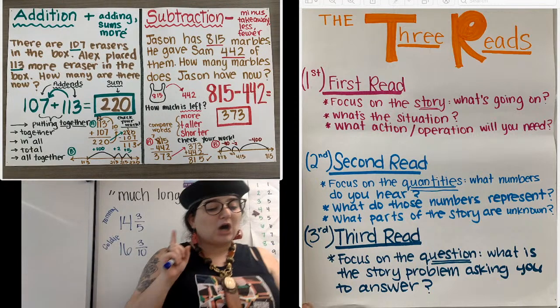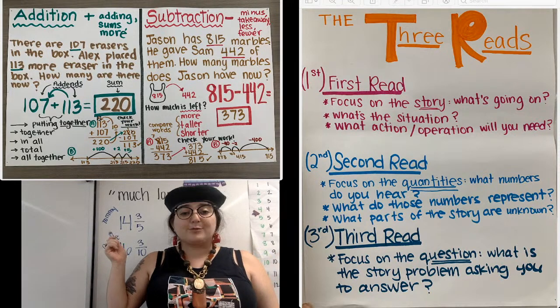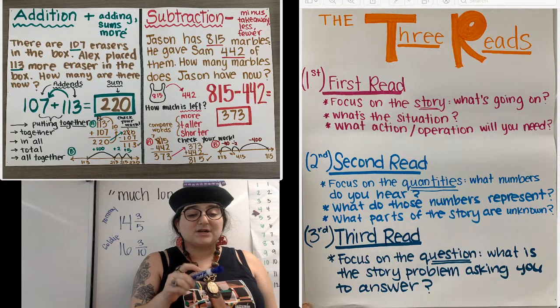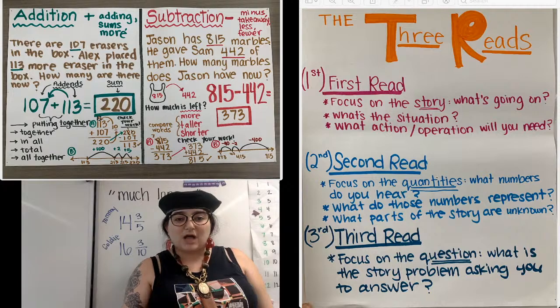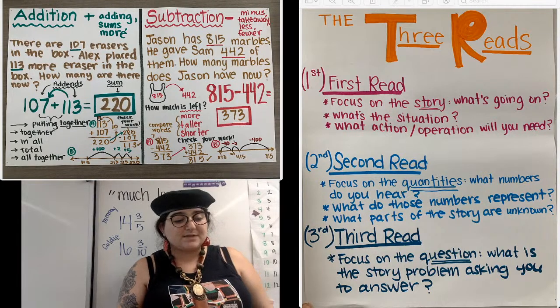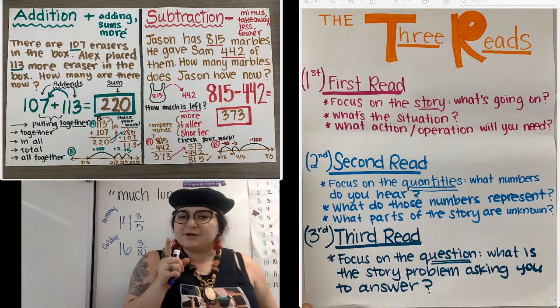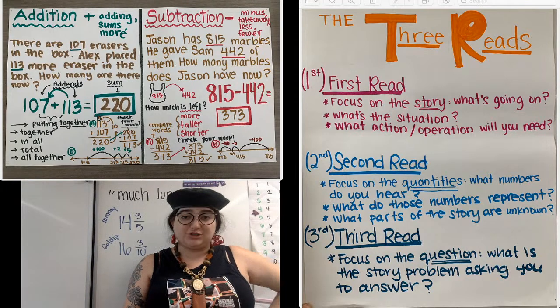Each day, Tommy sleeps for 14 and 3/5 hours, and Goldie sleeps for 16 and 3/10 hours. How much longer does Goldie sleep each day? Explain using numbers, diagrams, or words. So that first read, we're focusing just on the story. What's going on? What's the situation? What action or operation do we need?